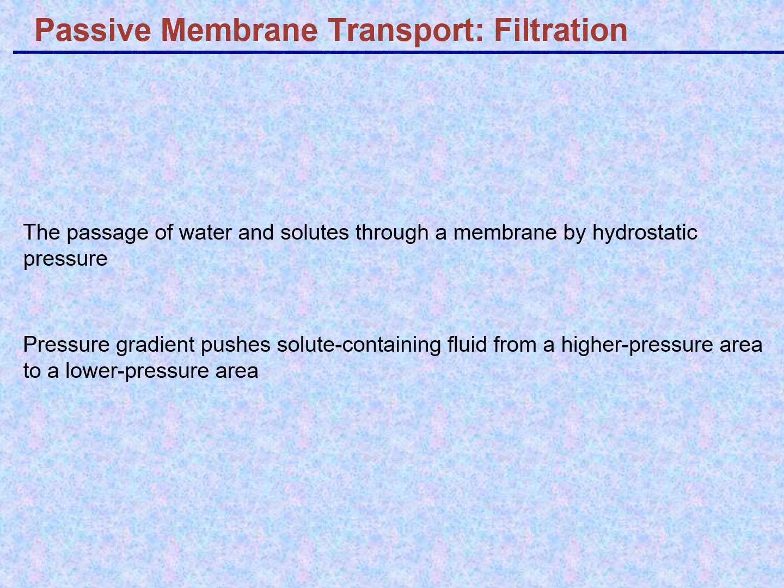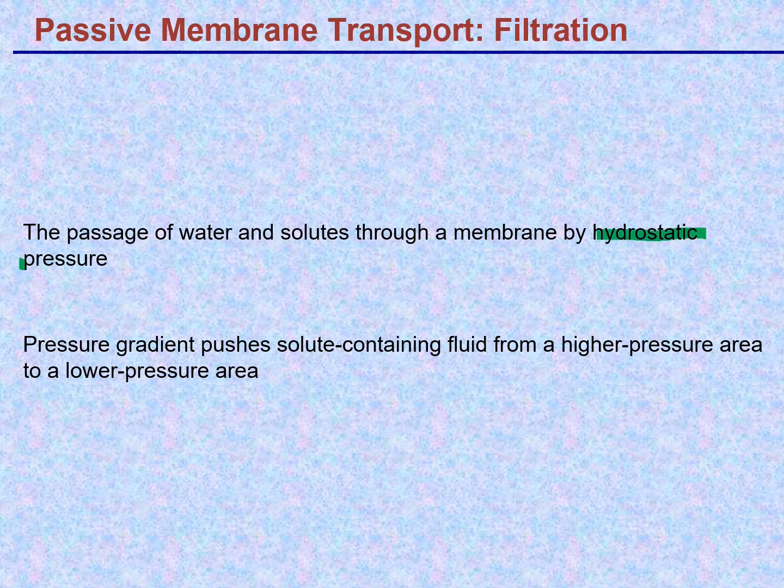Another, and I believe the last type of passive transport that we'll talk about, is filtration. In the case of filtration, water and solutes will move through a semi-permeable membrane because of hydrostatic pressure.